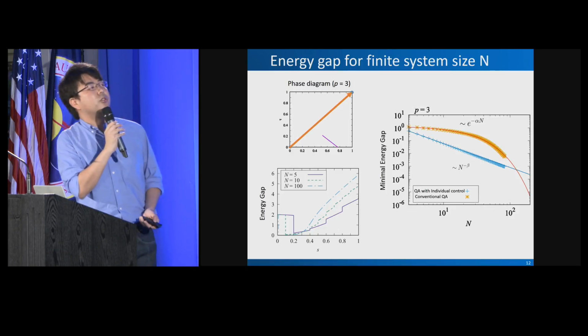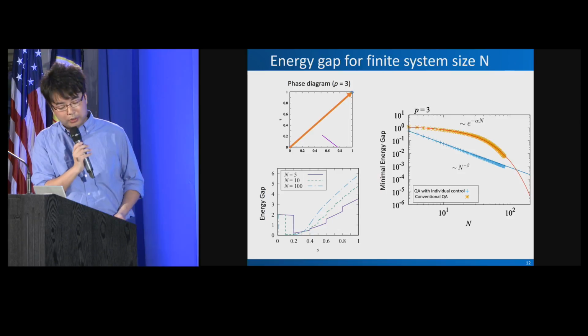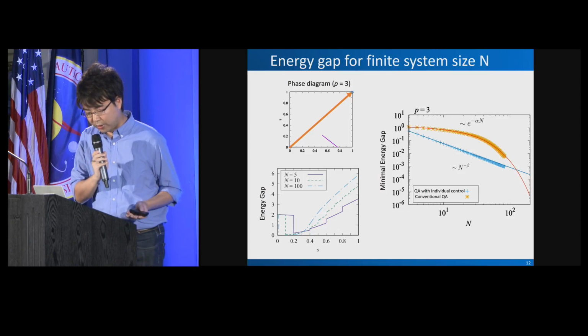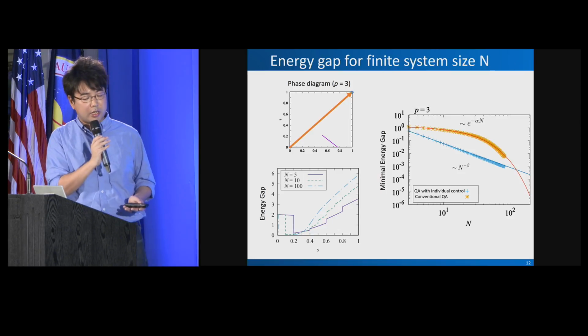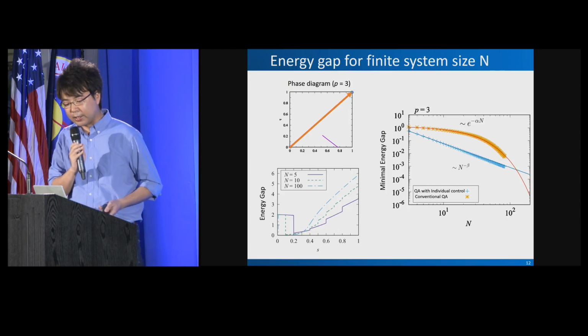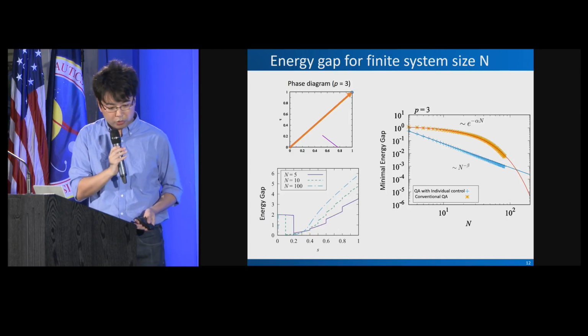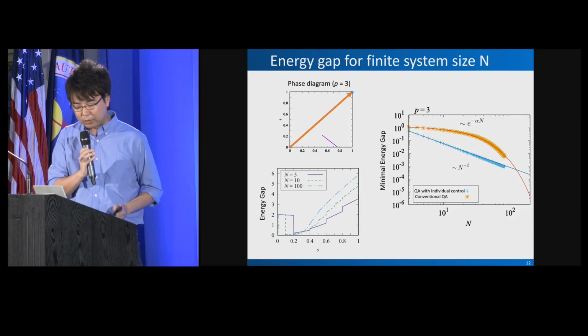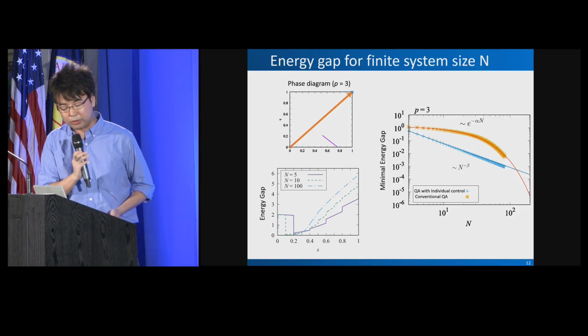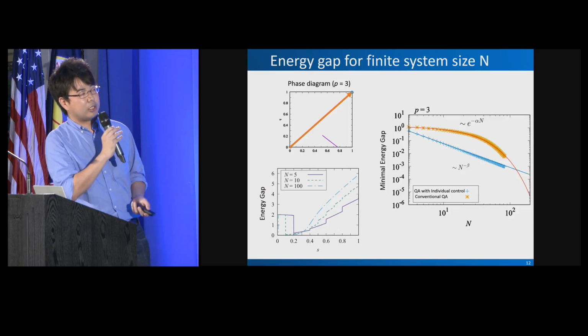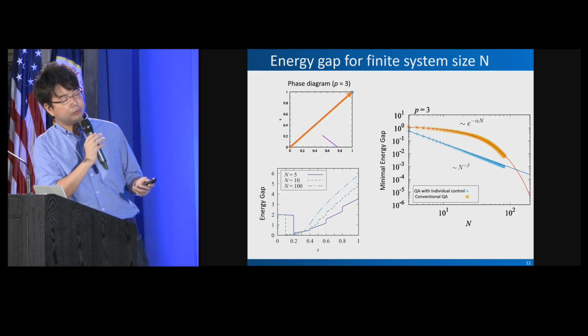So as you can see, when we use the conventional style of quantum annealing, the minimal energy gap exponentially decays. But if you use the quantum annealing with individually controlled transverse field, the minimal energy gap decays polynomially.